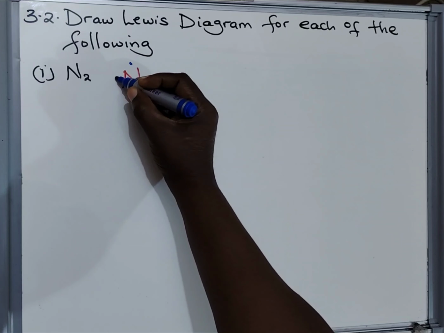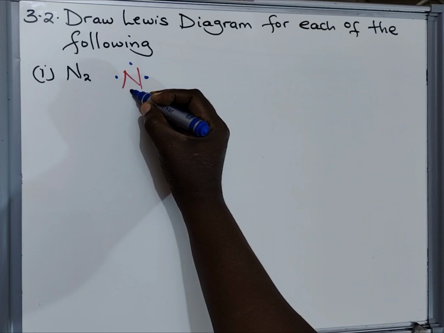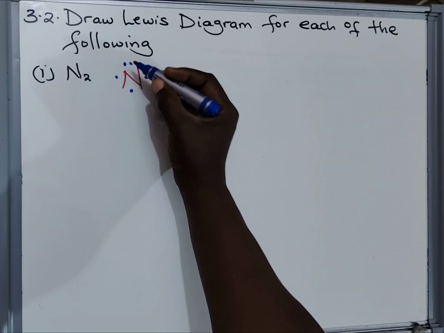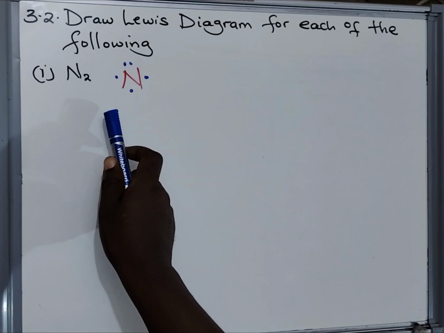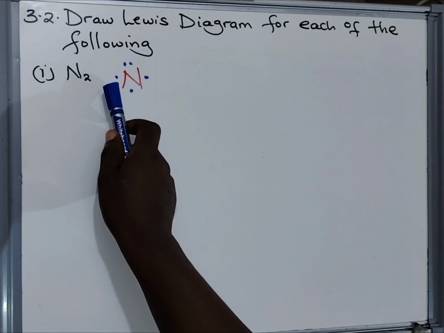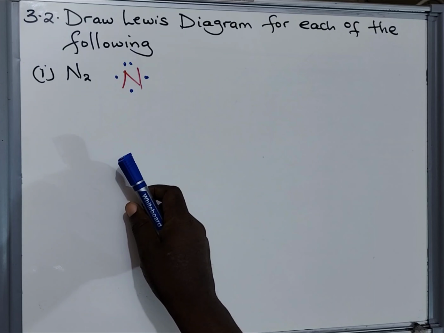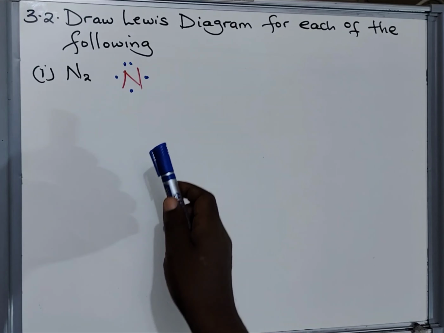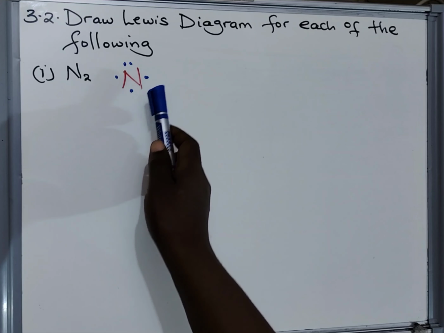This one takes 1, 2, 3, 4. Then you start pairing 5. What does this mean? It means that nitrogen has 3 unpaired electrons and 1 lone pair. What is the implication of this? It means that nitrogen has the capacity to form 3 bonds.